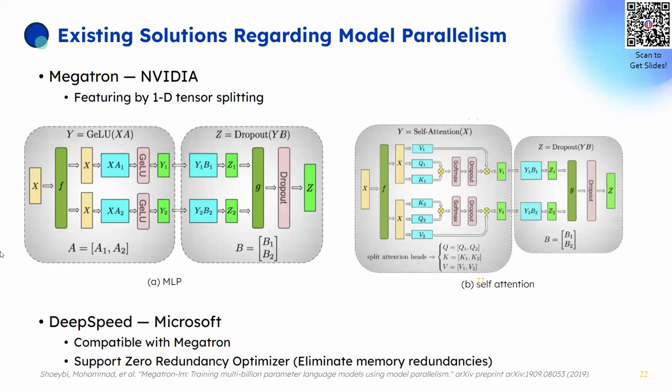That's 4K in total, 1K each. So the result is also 4K by 128. That's basically the tensor parallel answer: how to partition the computation across different servers.